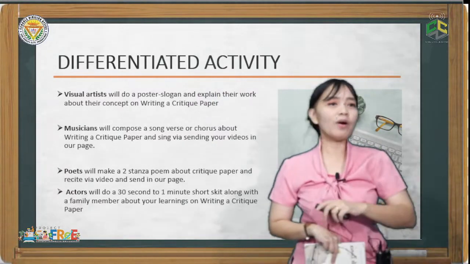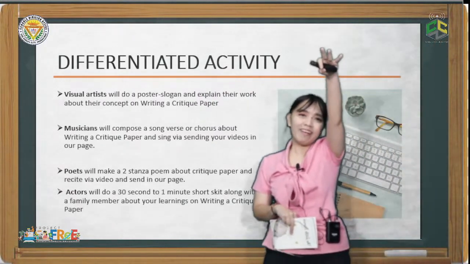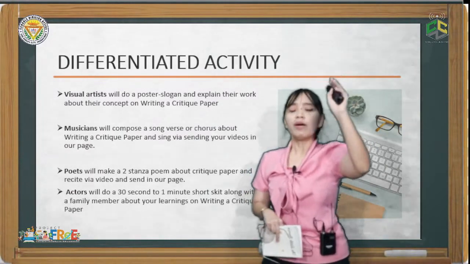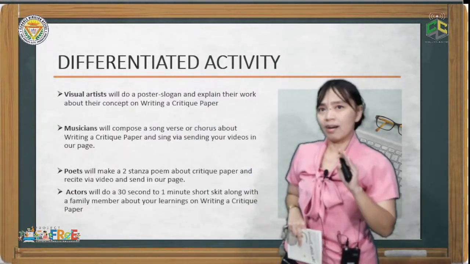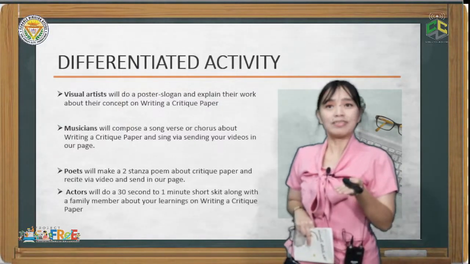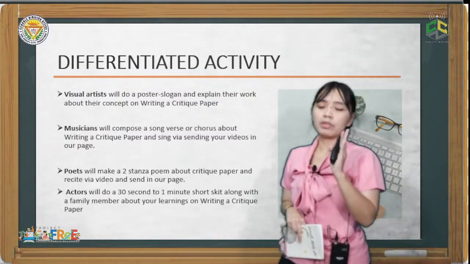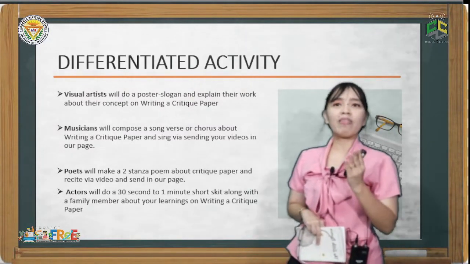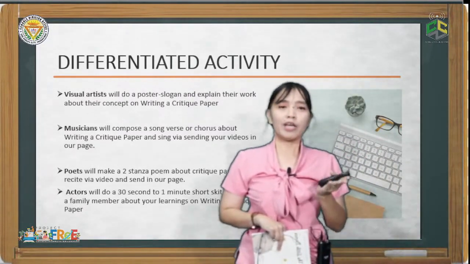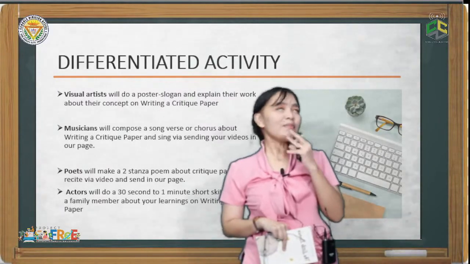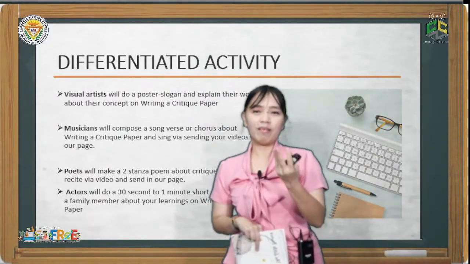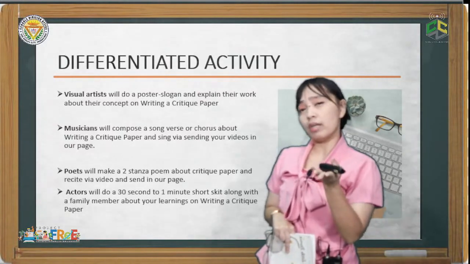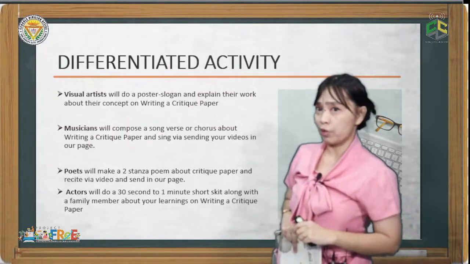And for all the musicians out there, you are going to compose a song verse or a chorus about writing a critique paper, and you're going to sing that composition and send me a video of you singing that song on the creative nonfiction page that I have created for you.